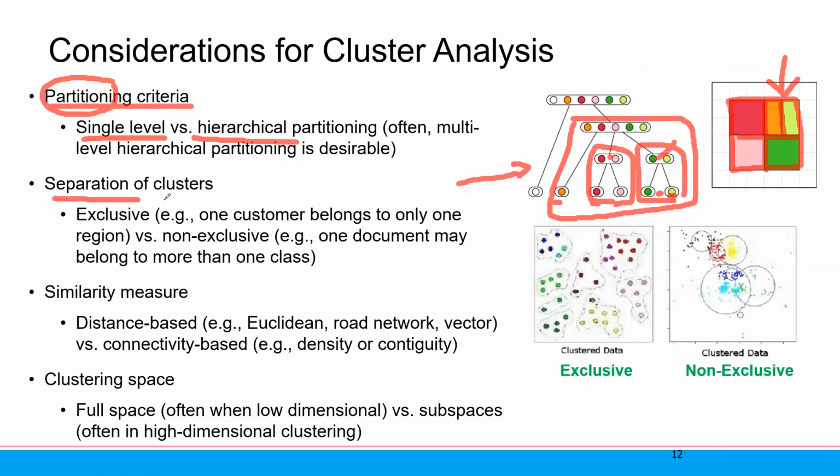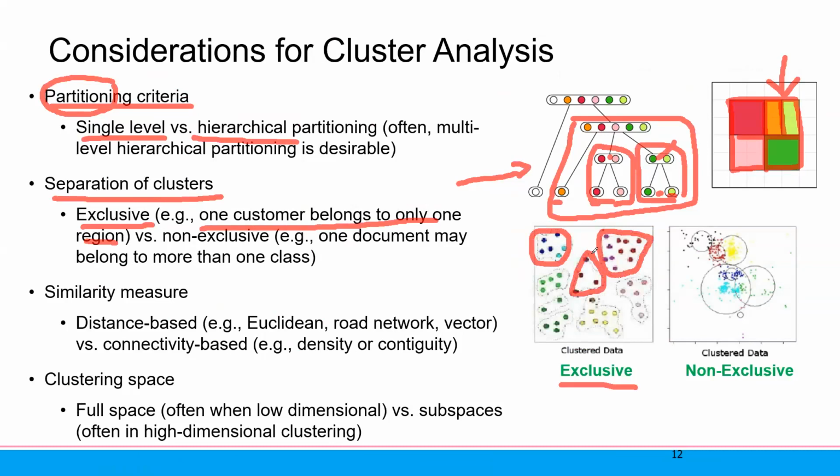The separation of clusters. Whether the separation is exclusive means one customer belongs to only one region. So this is an example of exclusive. This object is in this cluster. This object is in this cluster. This object is in this cluster.